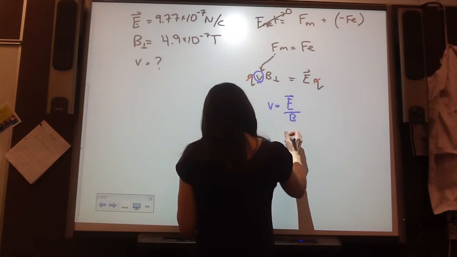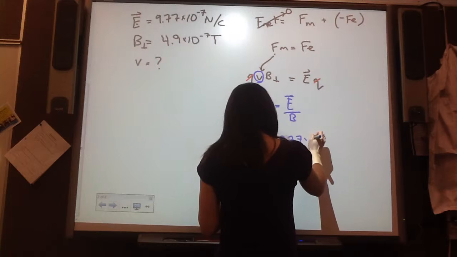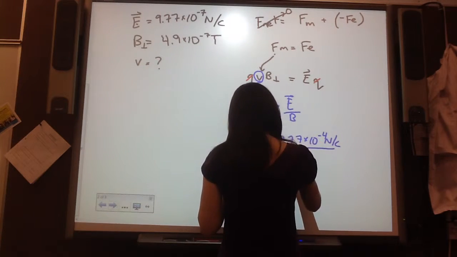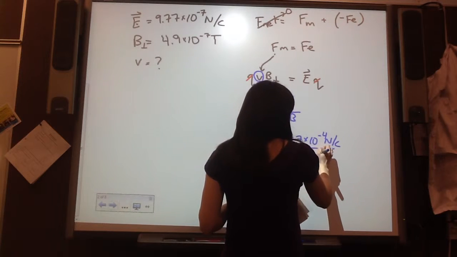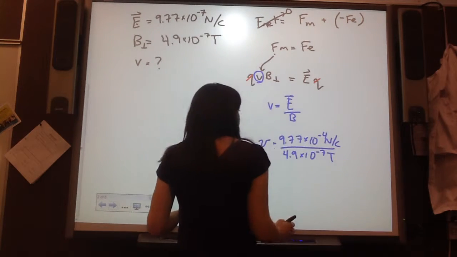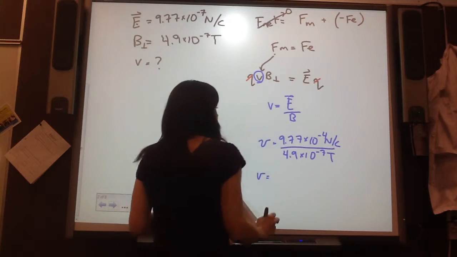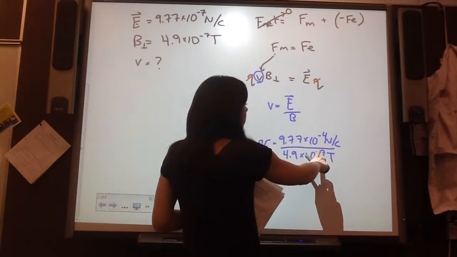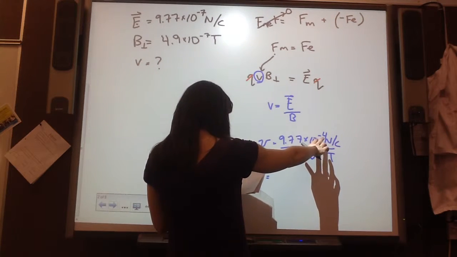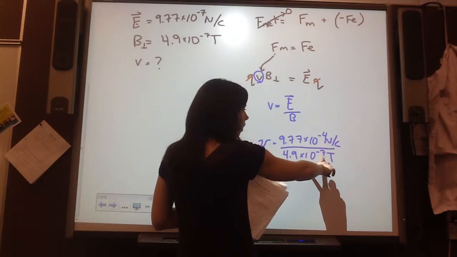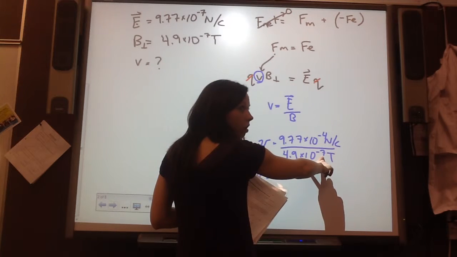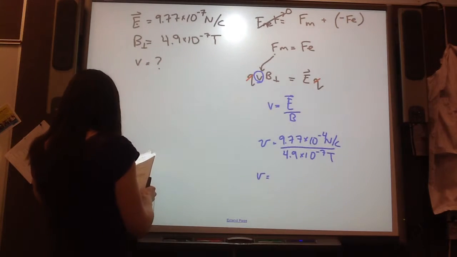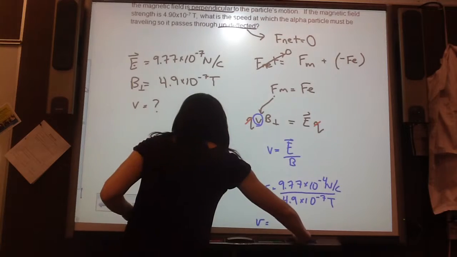So my V is equal to 9.77 times 10 to the negative 4 Newton coulombs divided by 4.9 times 10 to the negative 7 Tesla. Oh, but I see. Up top you have E is to the negative 7. Oh, sorry, I miscopied that from our notes.